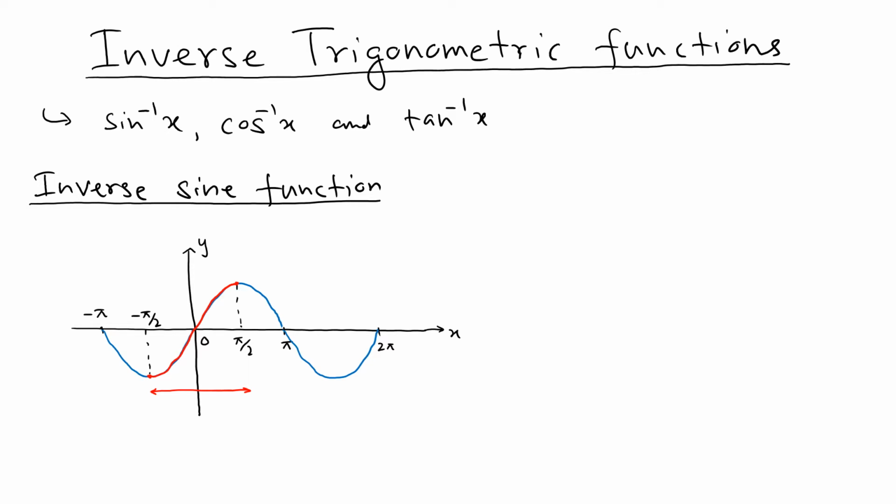You can see that if you pick only this part, then on this part the sine function is one-to-one. Since the sine function is one-to-one on this part, we know that if a function is one-to-one, then the inverse exists. So we can use that idea. On x going from negative pi over 2 to pi over 2, y equals sine x is one-to-one.